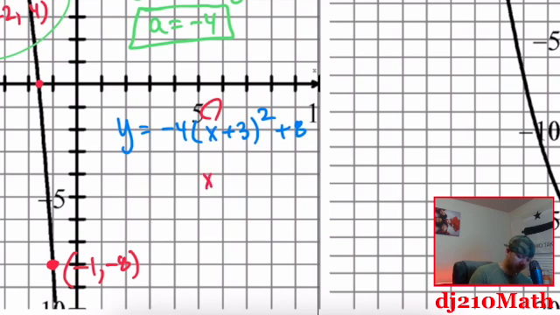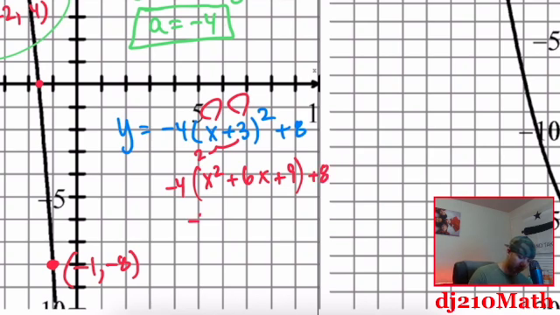It's a binomial. So let's do the do. X times x, x squared. 3 times 3 plus 9. I'm going to write it over here. And then 2 times x times 3, so 6x. All this is going to get -4 run through it, plus 8.